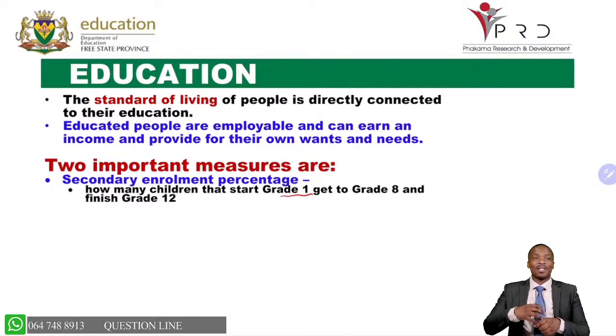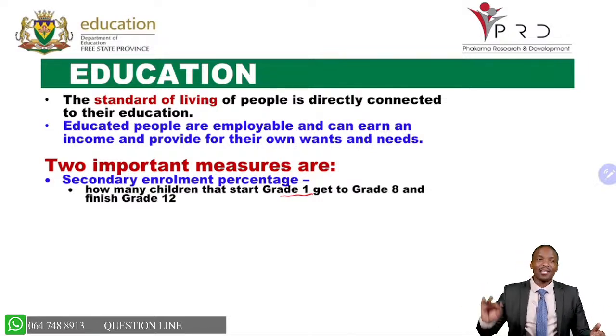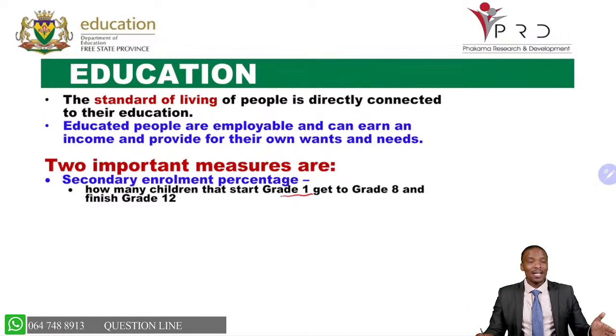Then we look at the exit points, which is grade 7 for primary, then the foundation phase, and then the GET band. Then we look at how many learners exited grade 9 and entered grade 10, and how many started grade 10 and finished grade 11.